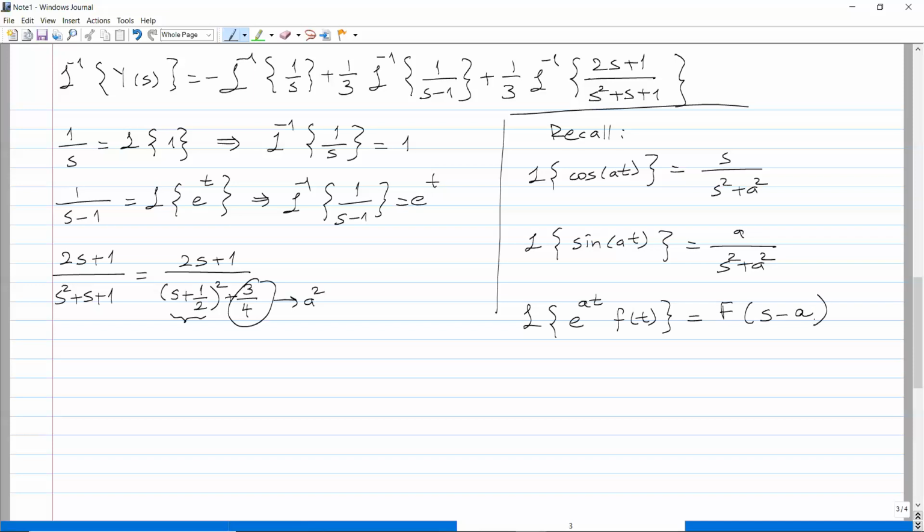So instead of s, we get s minus a. Remember this again from lecture 21.